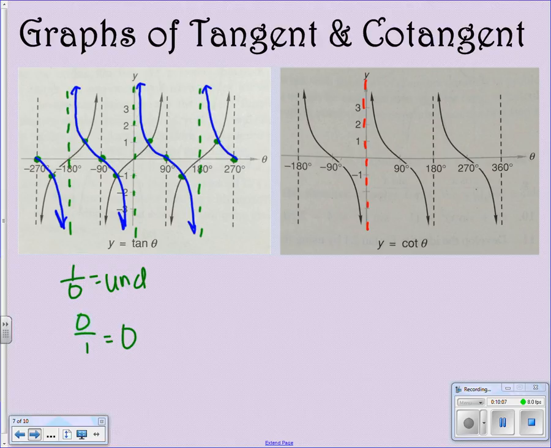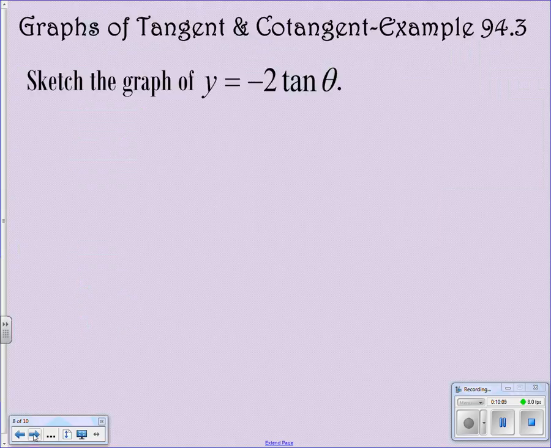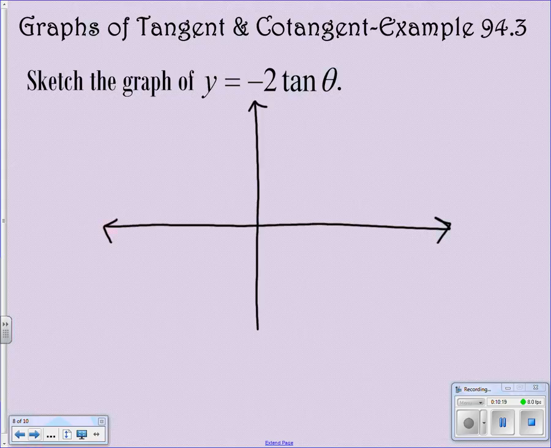So now we're going to actually sketch the graph of y equals -2 tangent of theta. So on these, this is our theta and this is our y-axis. And we're going to go by 90s. So we have 90, 180, 270, and 360. You don't have to go any more detailed than that on this one.